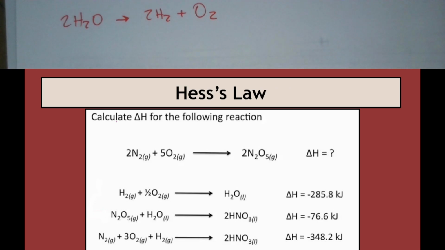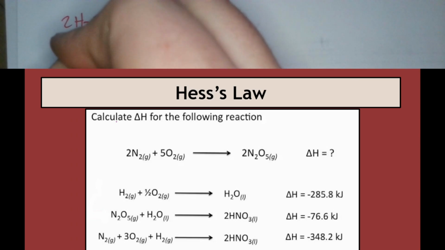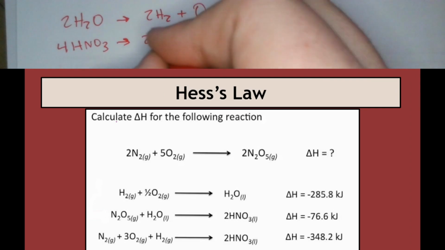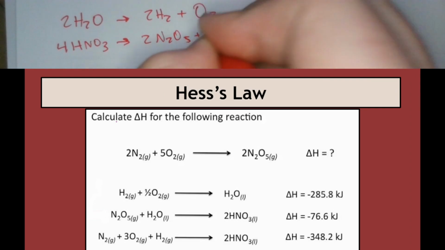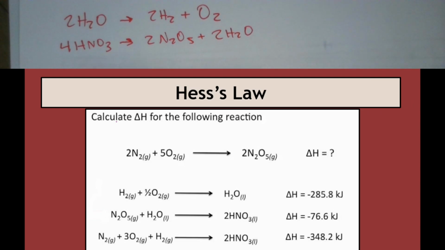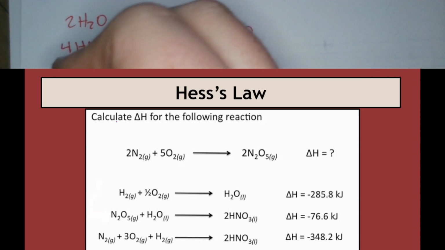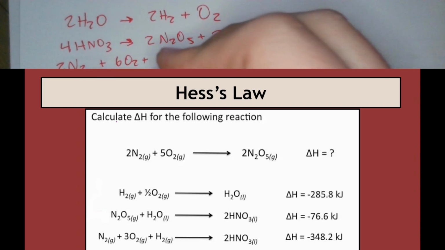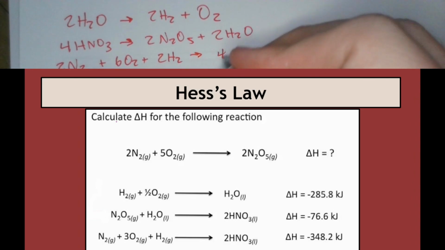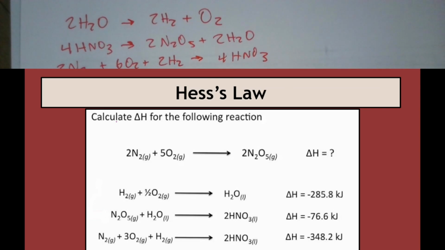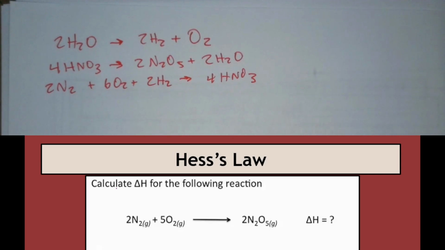The second reaction, I'm going to also double and flip, which gives me 4 HNO3 turns into 2 N2O5 and 2 H2Os. My last one, I'm just going to double, so I'll just double all the numbers. Okay, so those are all my values.